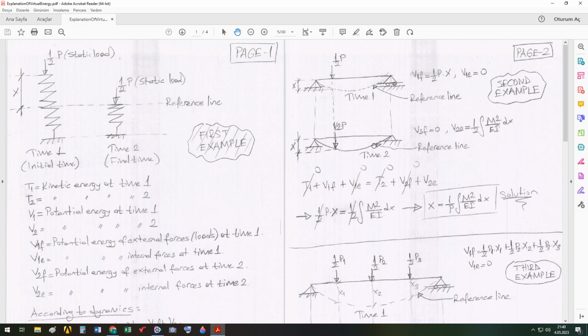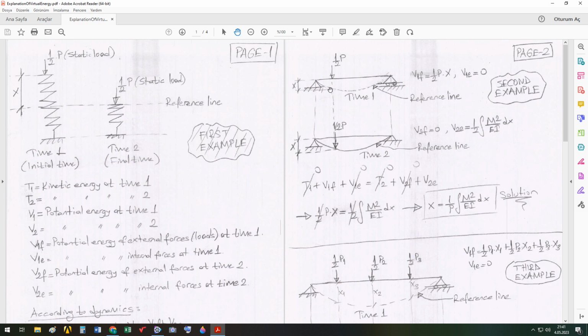According to this line, I have to write this here. There is no deflection at time 1, but I use this dashed line, which is equal to the real deflected shape of the beam, which is in equilibrium at time 2. Here I drew it to be able to see the displacement amount in the direction of P.